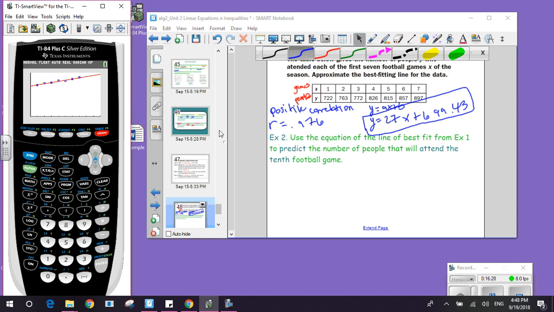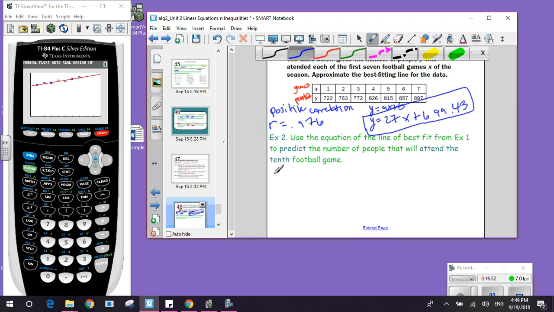So you probably want to sketch this graph on your notes. Now it's asking us to predict the number of people that will attend the 10th football game. So which variable represented games? X did. So all I need to do is substitute.